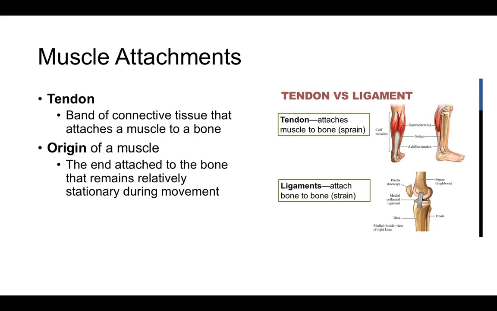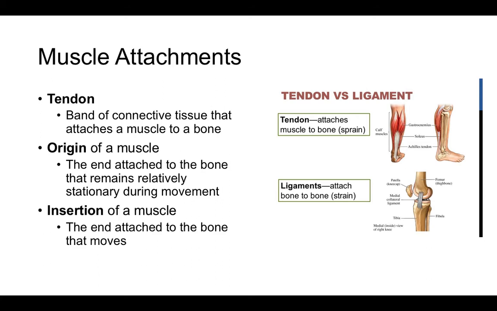The origin of the muscle is the end attached to the bone that remains relatively stationary during movement. And then the insertion of the muscle is where the muscle is attached to the bone that moves. So as we talked about, the origin of the biceps is up here on the acromion process near the clavicle from the shoulder blade, from the scapula.